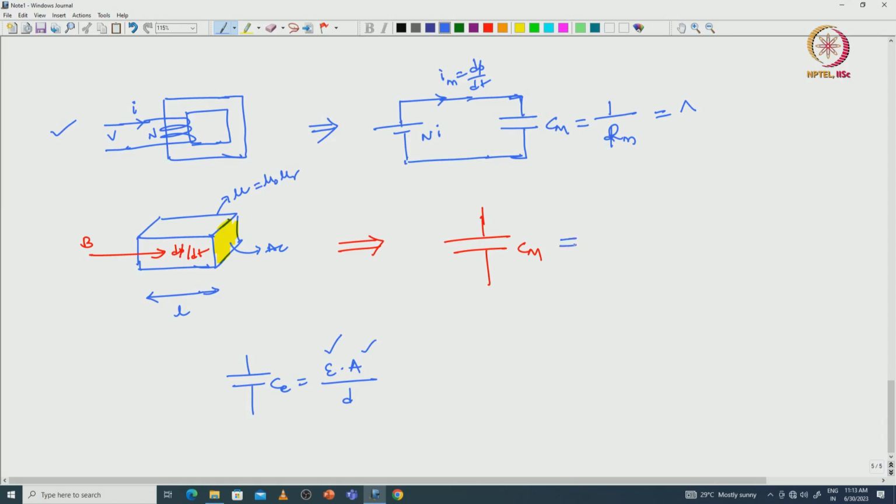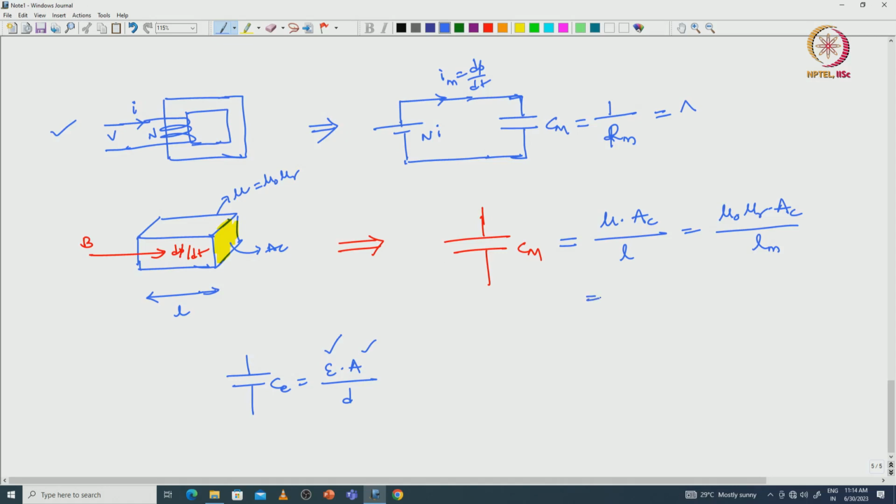In the same way we can analyze the magnetic capacitance. Instead of epsilon in the electric capacitance, here permeability will come, that is mu into the area of cross section of the core divided by the length of the material. Mu is equal to mu naught mu r, into area of cross section divided by length of the material. So this is the equivalent of magnetic capacitance.